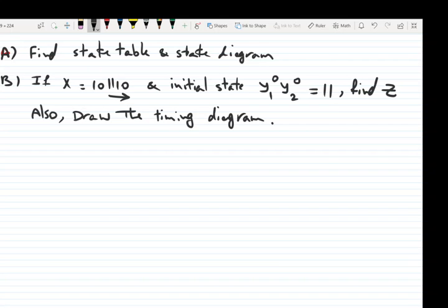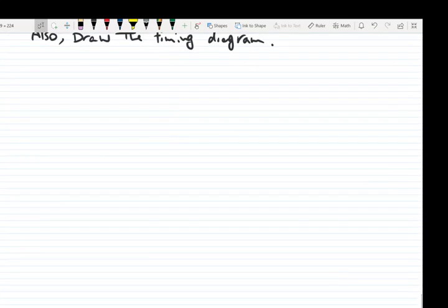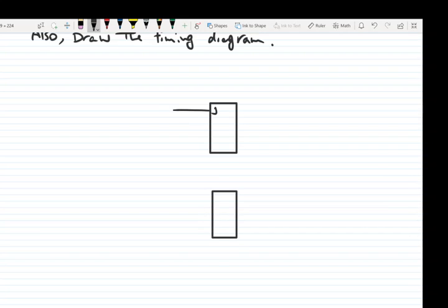Okay, here is the circuit. We have two flip-flops. The first flip-flop is a JK flip-flop, J1, K1, with outputs Q1 and Q1 bar.